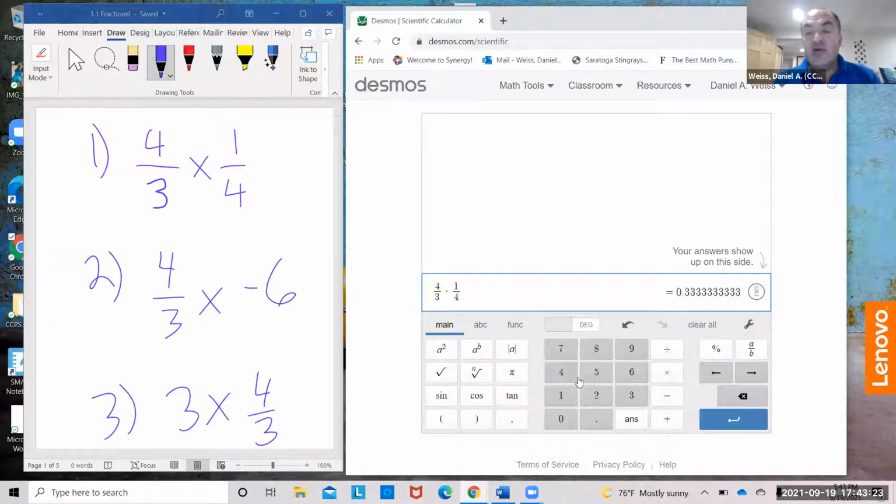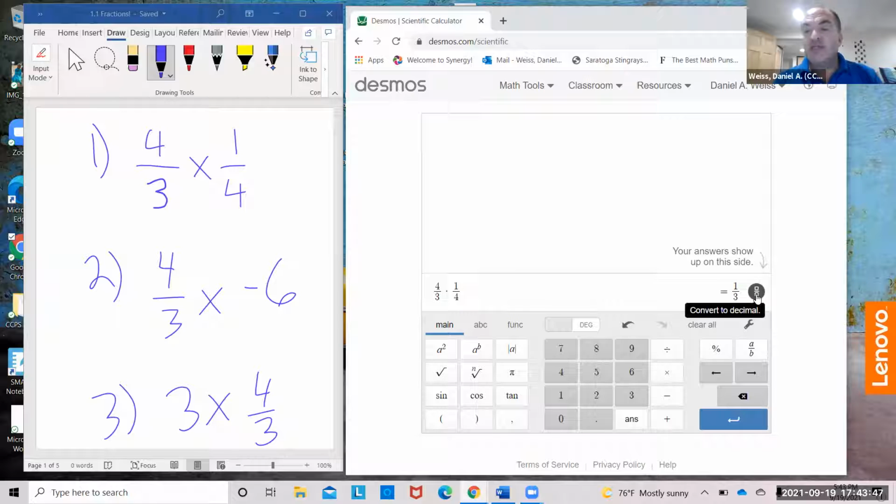Now I could hit enter, but the answer is already here. You see 0.33333333. I don't want a decimal. I want a fraction. So you see this circle button over here. It says convert to fraction. That's what we're going to do. Convert to fraction. Okay. 1/3 is my answer.